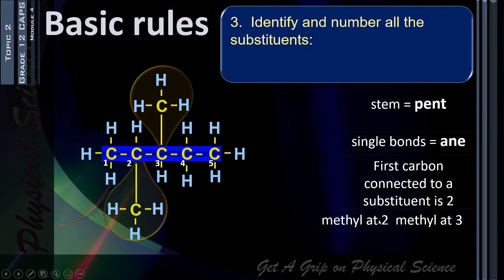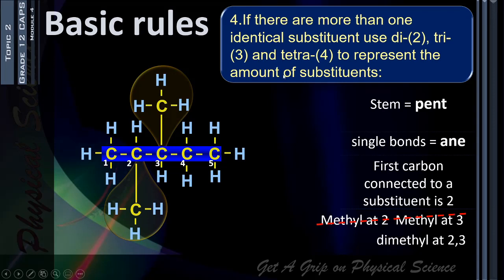So there's a methyl at 2 and a methyl at 3. And then rule 4. If there are more than 1 identical substituent, use di, tri, and tetra to represent the amount of substituents. So the methyl at 2 and the methyl at 3 can be changed to dimethyl at 2, 3.